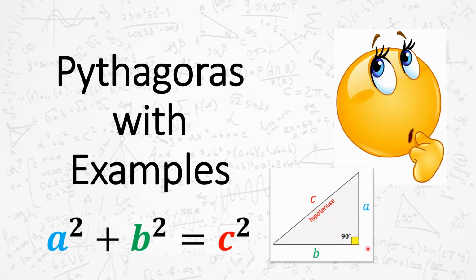A and B are the two shorter sides, and they will always be on either side of your 90 degrees. Let's look at some real examples.